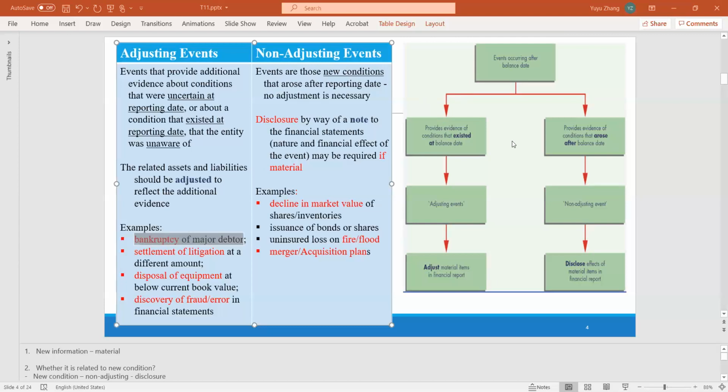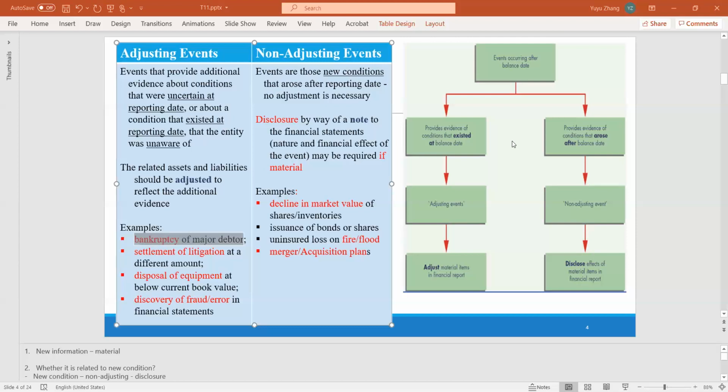Okay, all good. One thing I want to emphasize here is that in adjusting events, we say they are going to be adjusted, but the place of the adjustment could be in the financial statements if the correction or the adjustment should be in the financial statements. Or it could be adjusted in the notes, right?